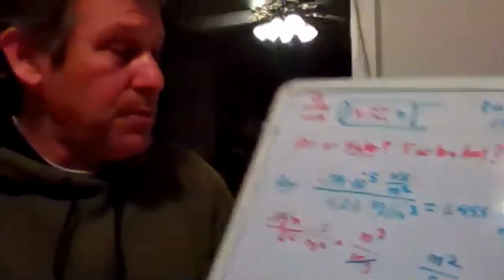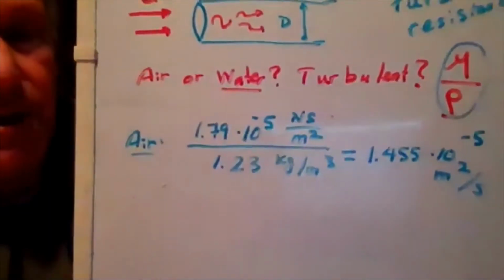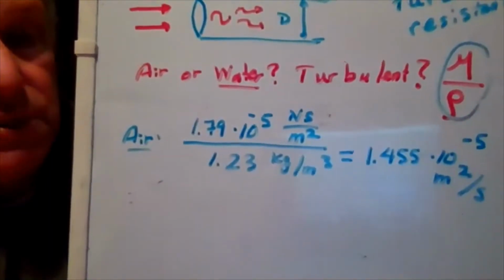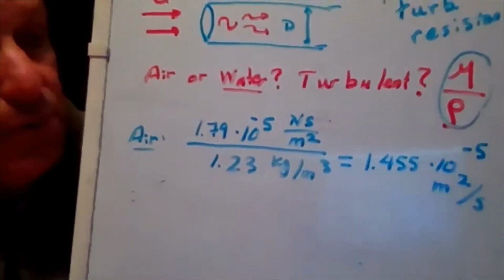Okay, so what I was hoping to do is see if we can make sense again of why water is more likely to be turbulent than air. What we're going to do is just do that calculation really quickly for water and see what its mu over rho is.